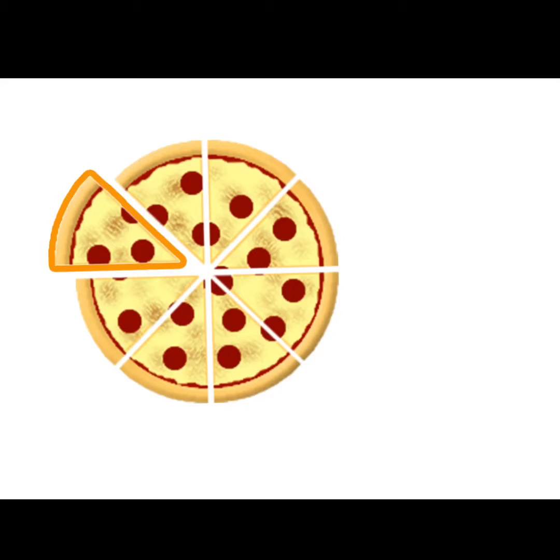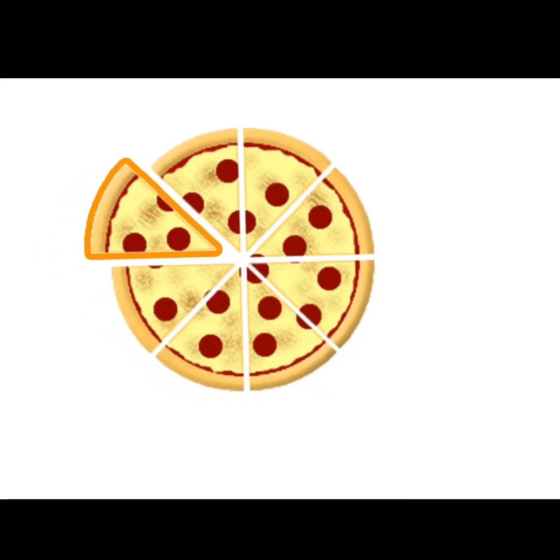Now, first you need to figure out how many slices are in the pizza. Well, if we look here, we have 1, 2, 3, 4, 5, 6, 7, 8. So we can say that our pizza is cut into eighths. And if you ate 1 slice of pizza, you would have had 1/8 of a pizza.